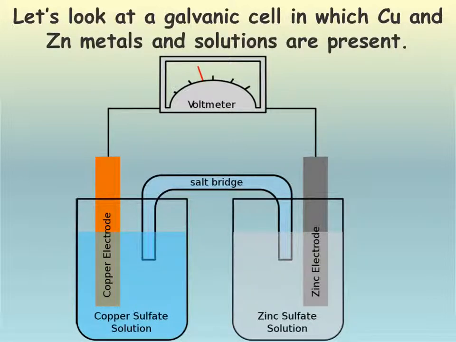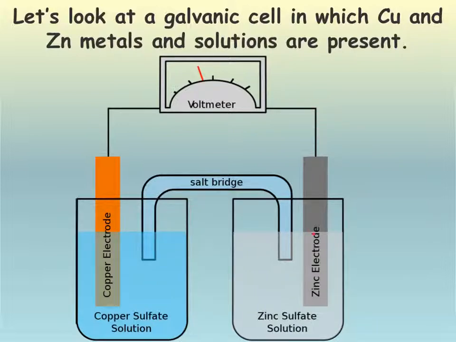Okay, so here is a picture of a galvanic cell where we have copper and zinc metals and their solutions. A couple things I want to point out. Over here we have a copper sulfate solution, and this copper electrode is solid copper. Then we have a wire, and notice that the wire is hooked up to a voltmeter, which is going to measure the current that is conducting through the wire.